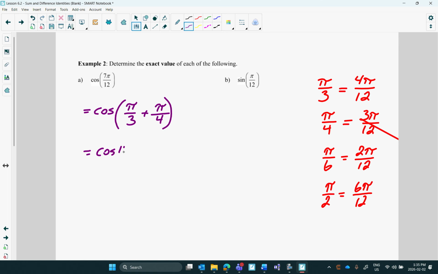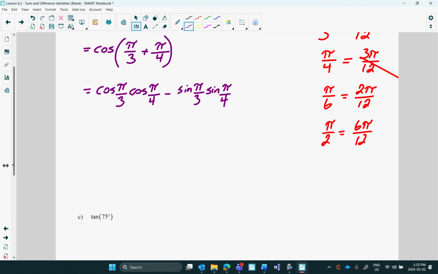So it's cos pi over 3, cos pi over 4, minus sine pi over 3, sine pi over 4. I know how to find all of those using the unit circle. So I can actually find the values.